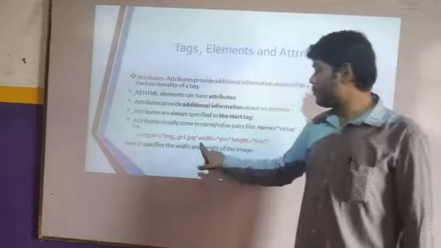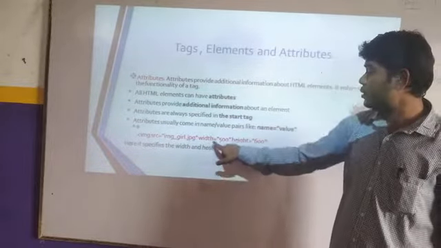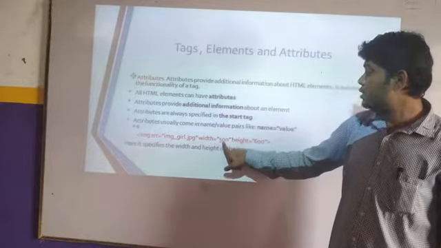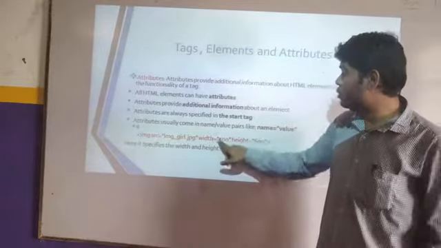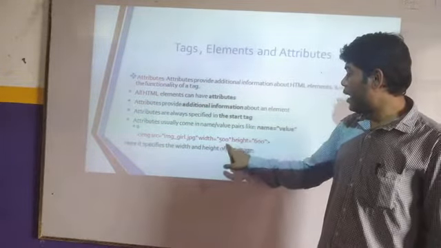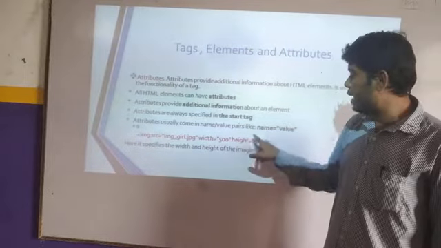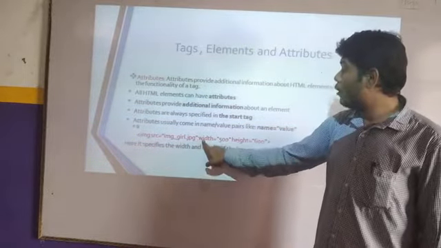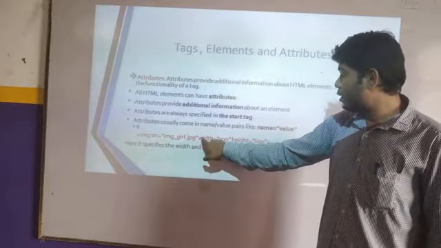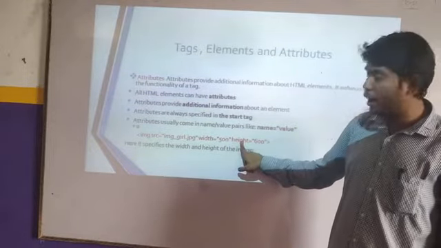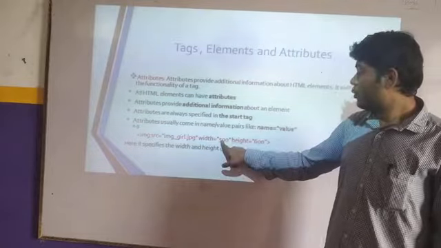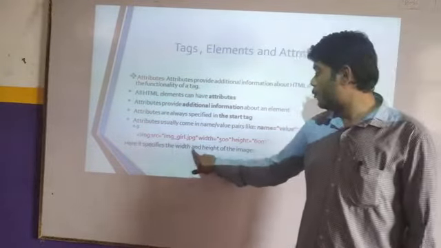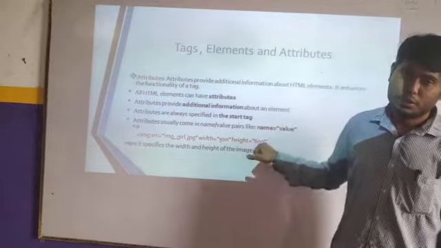I have specified the height and width of that image. The width is 500 and the height is 600. So the values of the attributes are 500 and 600. These are the attributes of the tag of the element. Width and height are the attributes, and each should be followed by a value. So we have to put the value. Here it defines the width and height of the image.